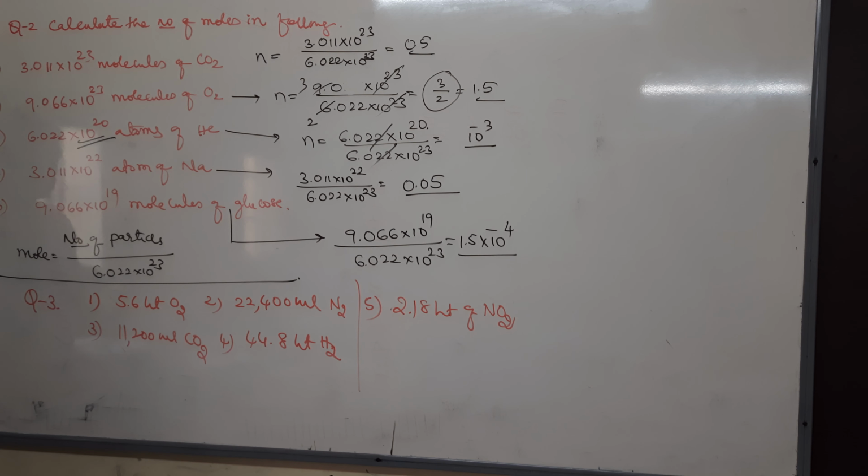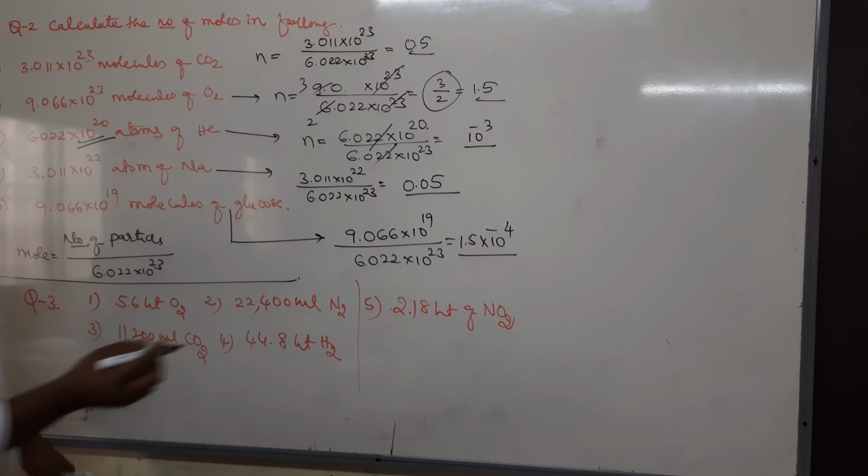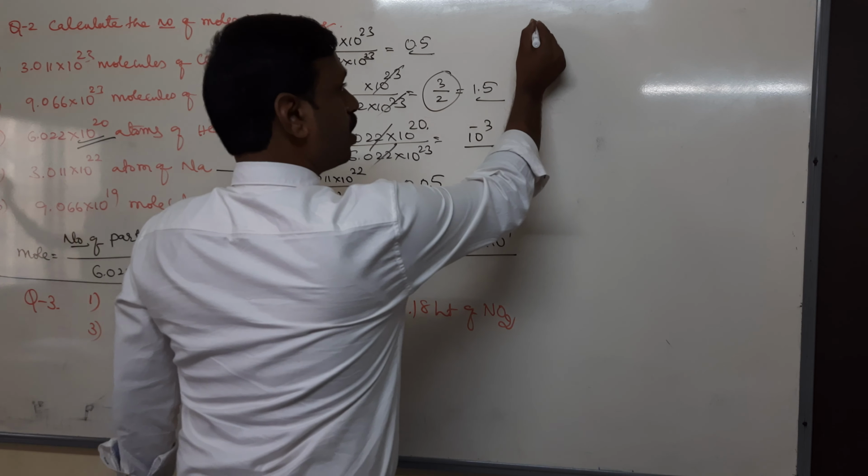So here in all the cases volume is given, no? Tell me, when the volume is given, what is the formula? Mole is equal to volume of gas divided by 22,400 ml. Both the volumes should be in the same units, either ml or liter.